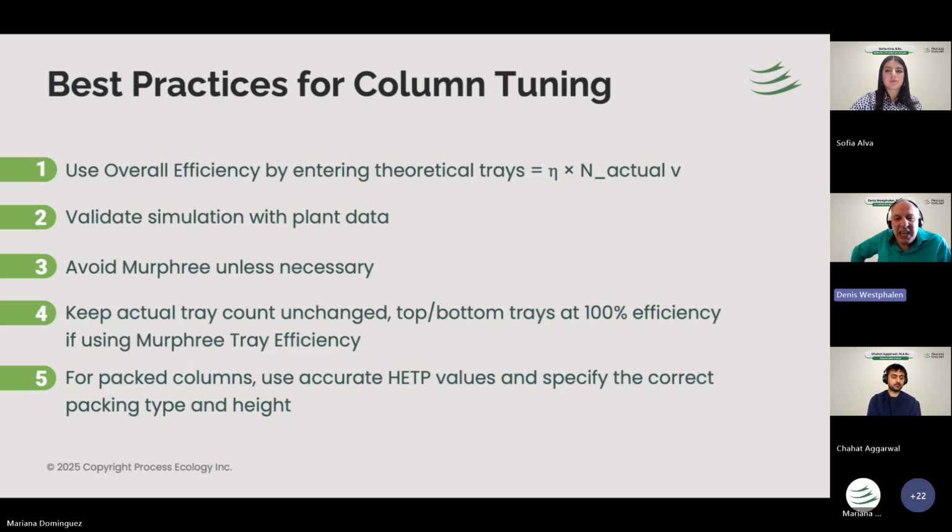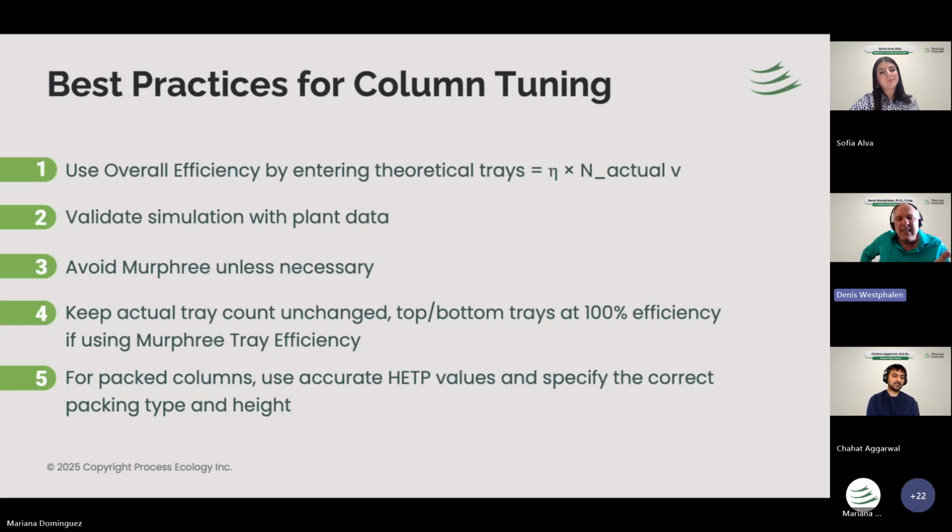Now, it's not a mix and match game. We've seen many people for packed columns pick a number of theoretical trays, and then on top of that, they also add a Murphree efficiency. That's messy.